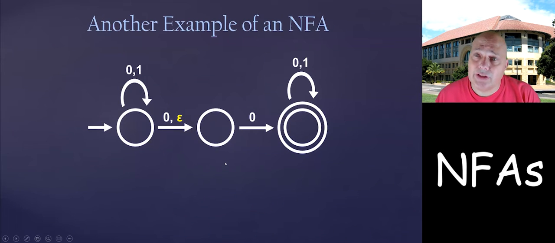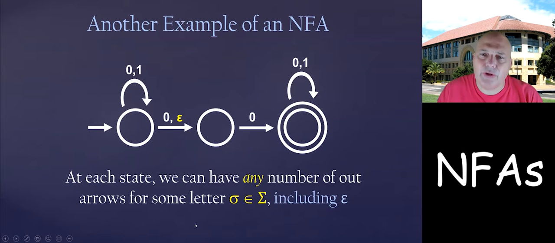So some states have more than one transition, some have 0 transitions. But in addition, we have also this notation of moving with the empty string. So at each state, we have any number of out arrows for some letter sigma, including for the empty string. This will refer to the ability to take steps without reading anything. So whenever there is an epsilon move, it means that you can take this edge even without reading any new symbol from the alphabet.